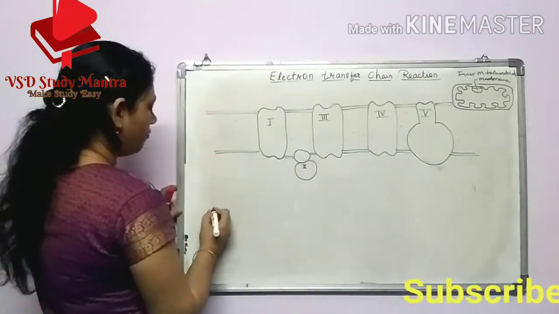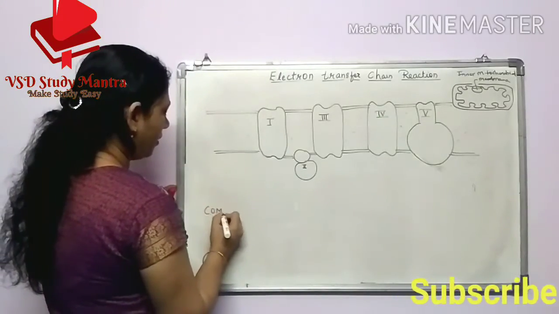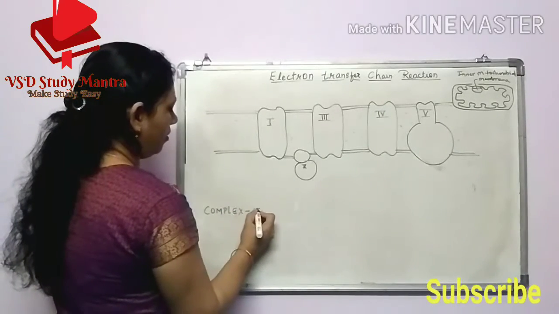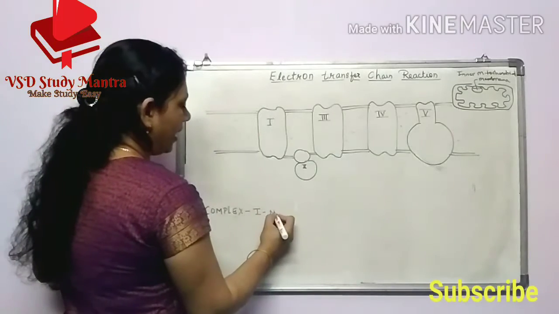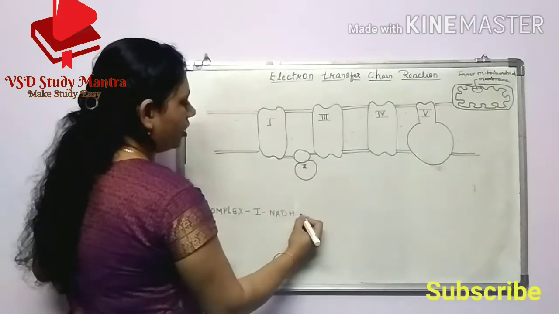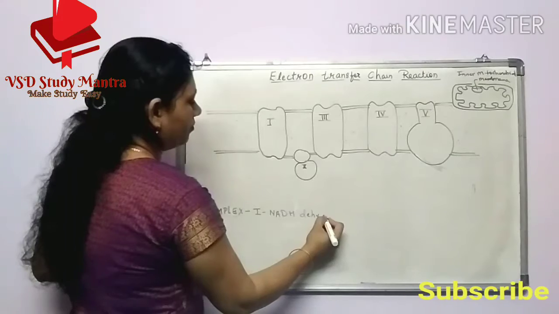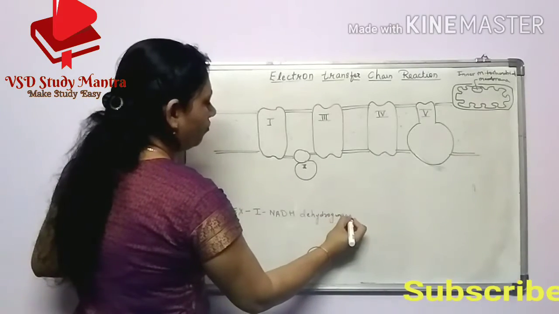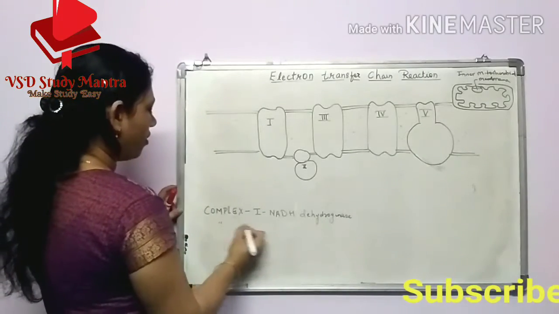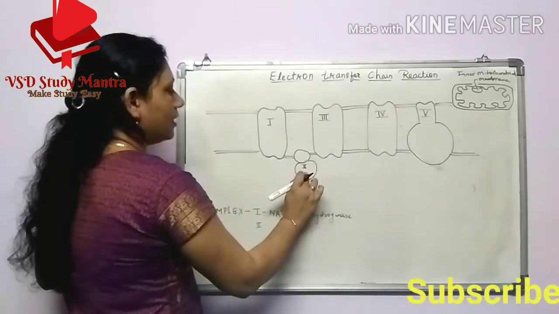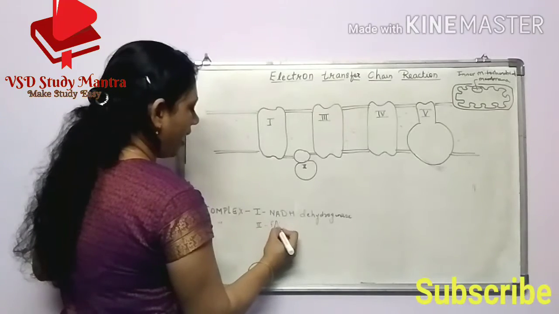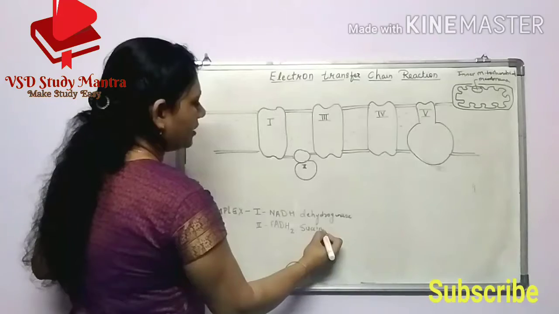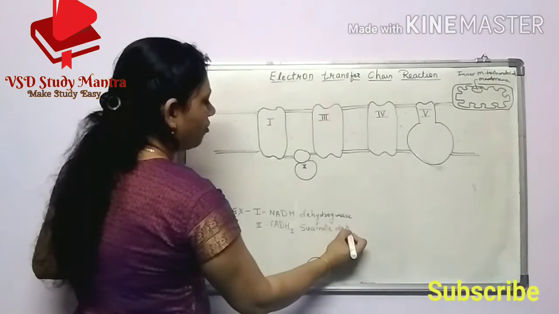The first complex is NADH dehydrogenase. The second complex is FADH2, that is succinate dehydrogenase.